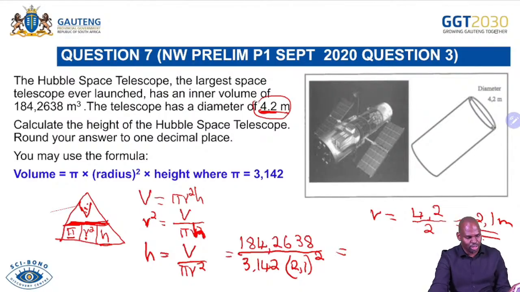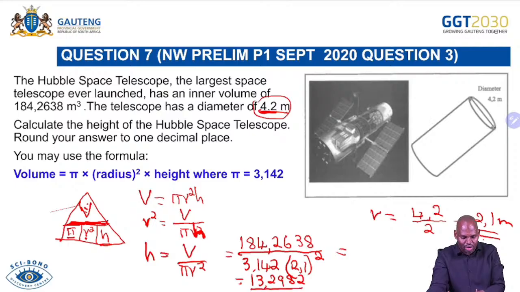So the answer is 13.298 and so on. What is important is we've got the value, which is about 13, but what is the unit? So obviously it is 13 meters.